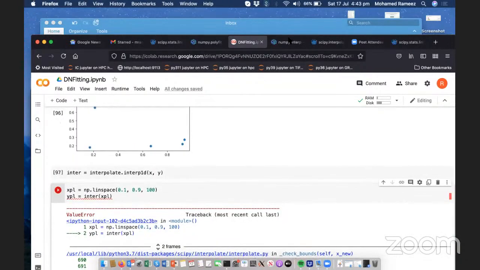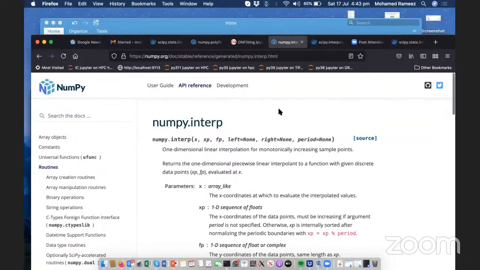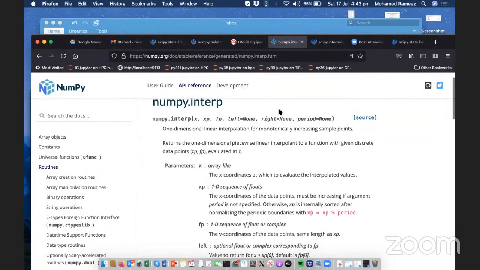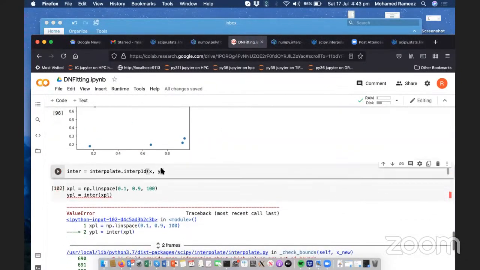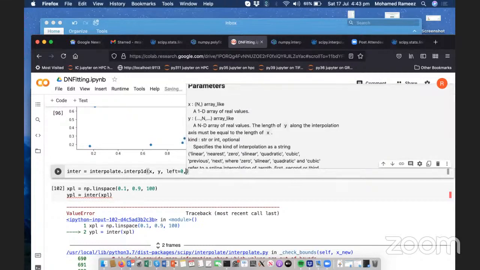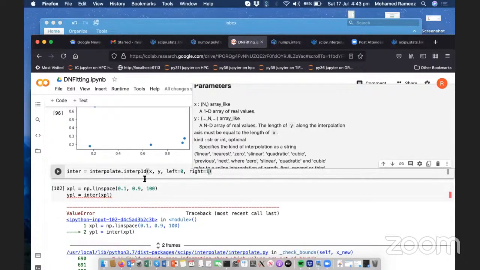Okay. So does numpy accept left equals 0, right equals 5? I just need to specify. I'll explain to you what exactly I'm doing. Right equals 1.